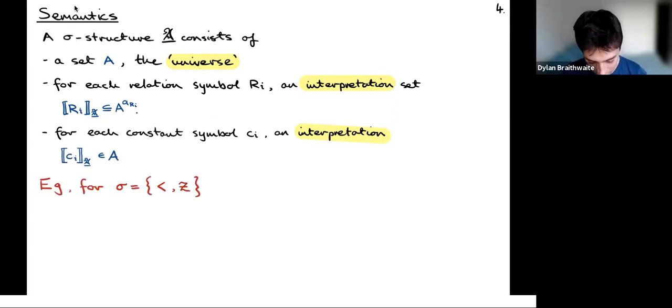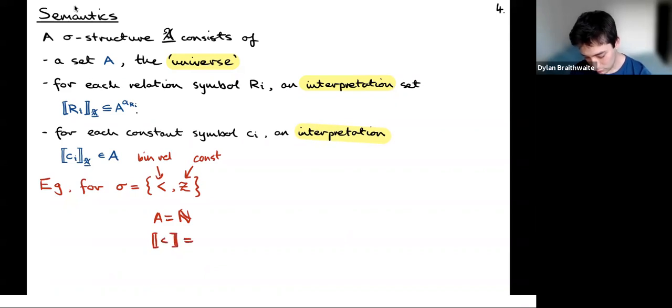I can give a bit of an example. If we have a signature which has two symbols, this one I'm thinking of as a binary relation, and this one just a constant, then we might have A be, let's say, the natural numbers. Then the interpretation of the less than symbol: at this point there's no restriction on what it should mean. It could be any set, it could be the set containing just (0, 0), and that's it.